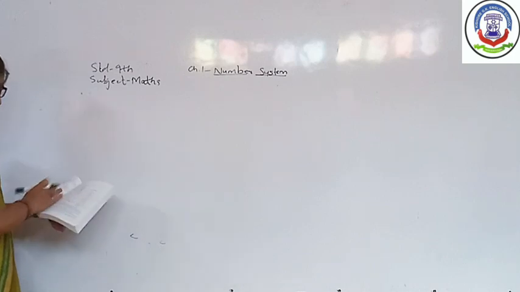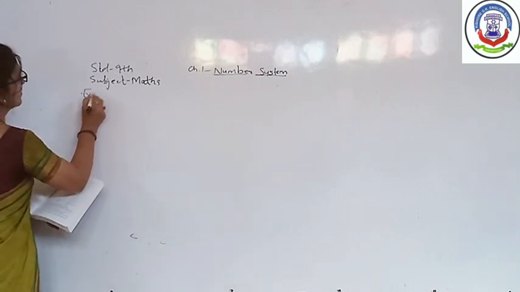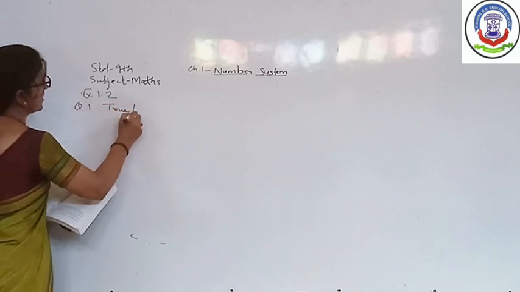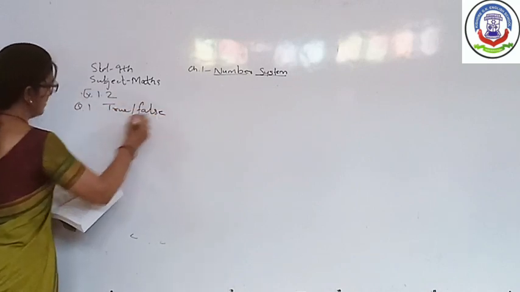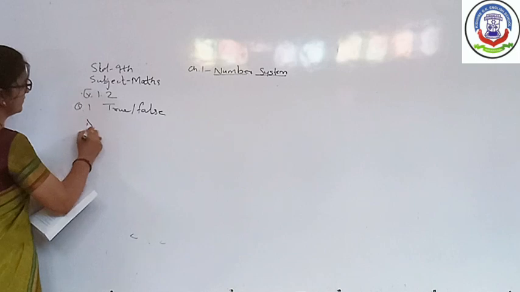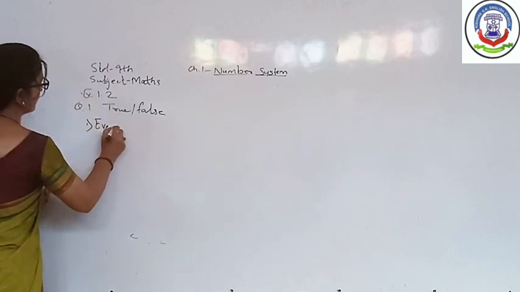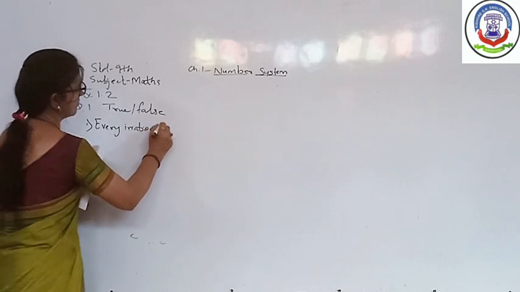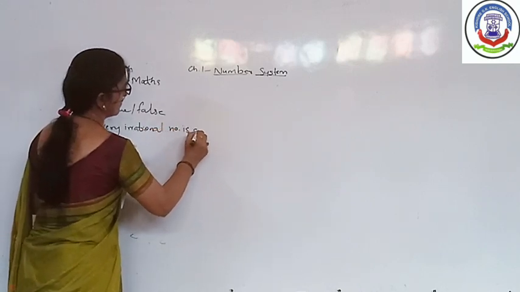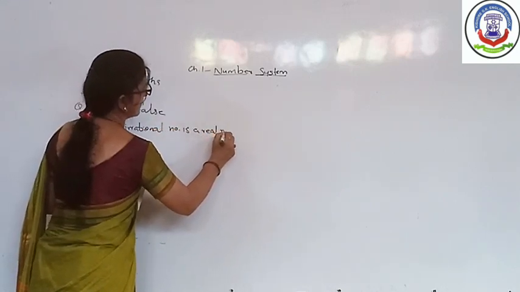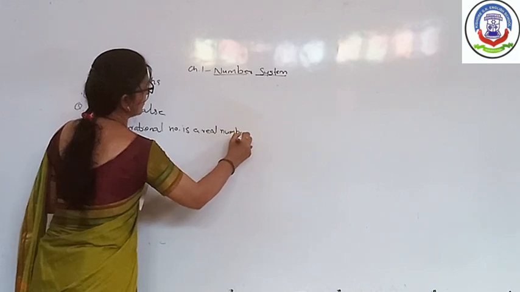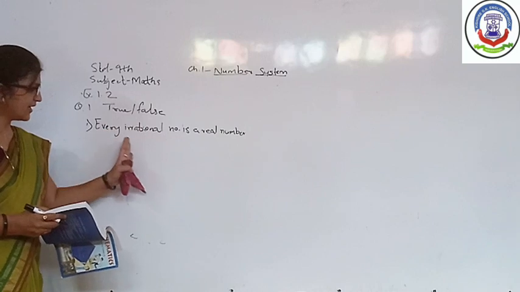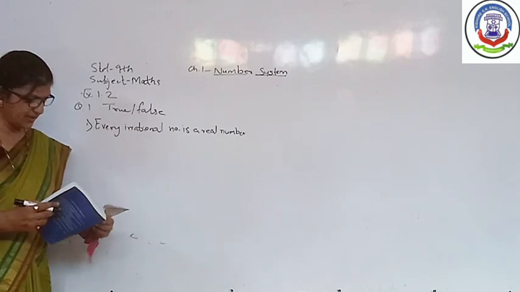The given statement is true. Why is it true? Because real numbers include irrational numbers as well as rational numbers.